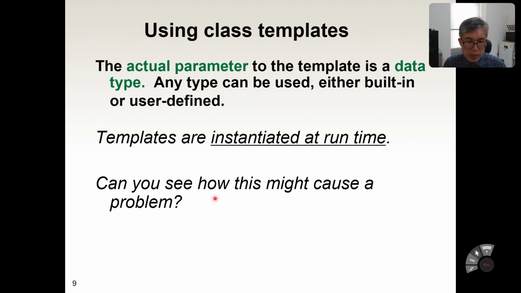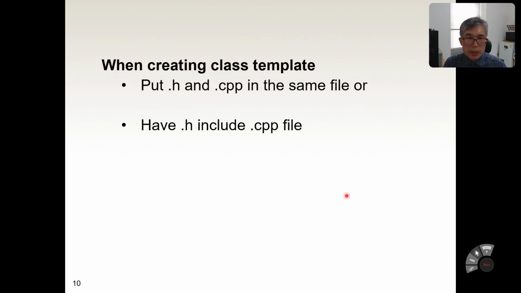Can you see how this might cause a problem? Think of it. When creating a class template, we can use .h and .cpp in the same file, or we can have the .h include the .cpp file.